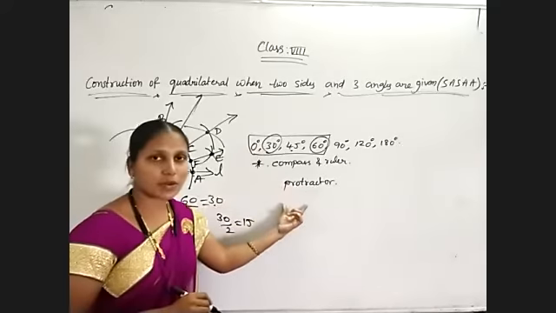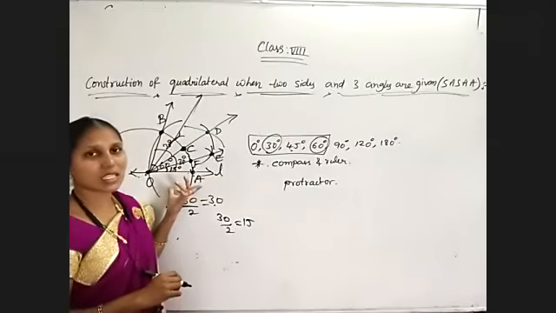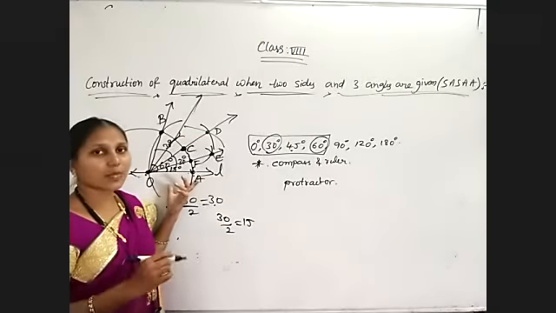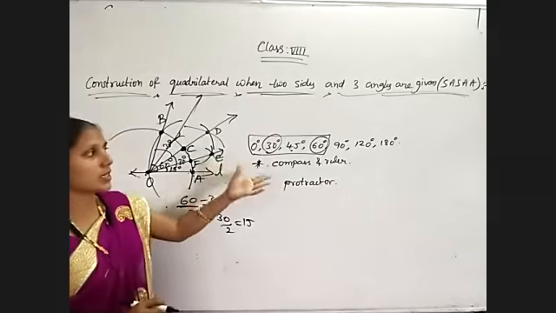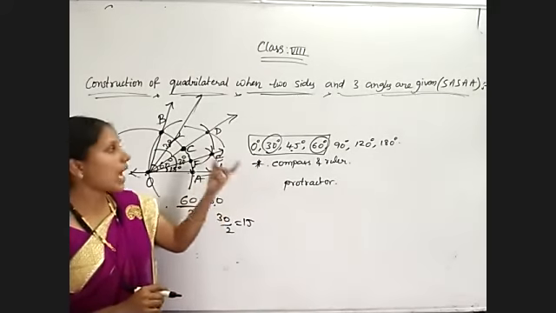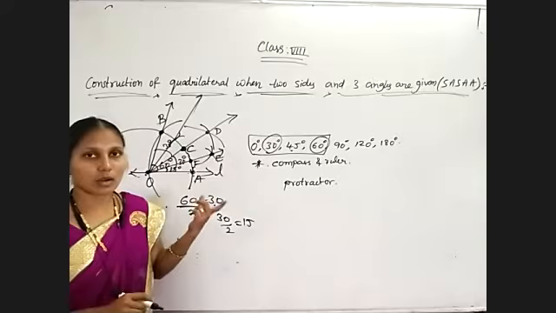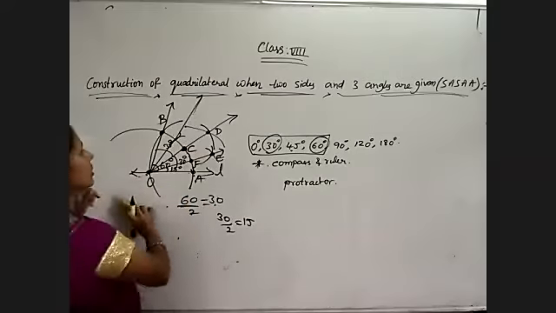For other angles they will use the protractor only. How to construct basic angles? You have already learned this type of question in your previous classes. In 6th class you studied how to construct 60 degrees, 30 degrees, 45 degrees, 90, 120, 180. I revised it also already. Okay, now we will go through the topic.